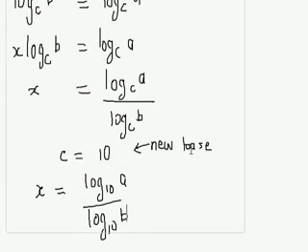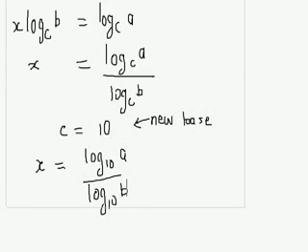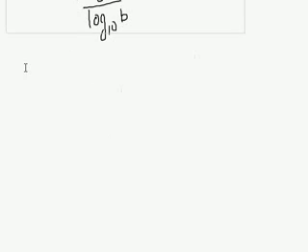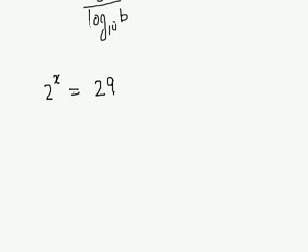Let's just look at an example using the change of base, going back to what we had done before. Let's say I had again 2 to the x is equal to 29. So this here is b, this is a, and that's obviously x over there.